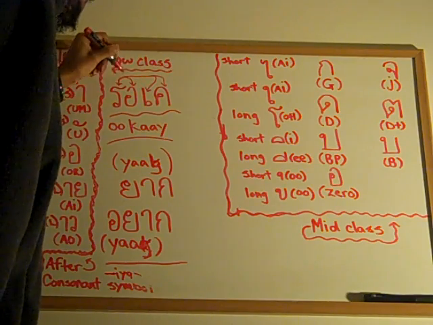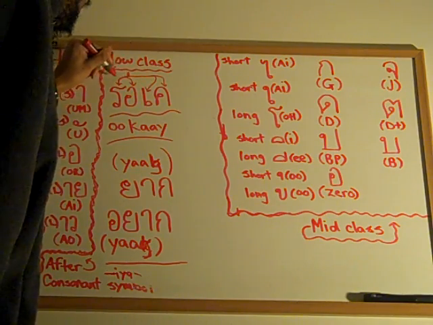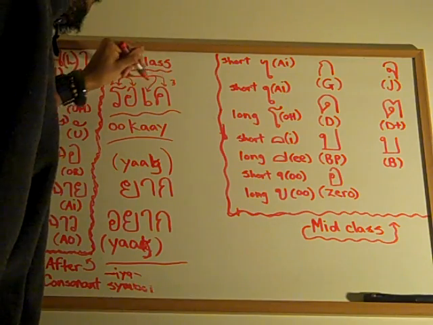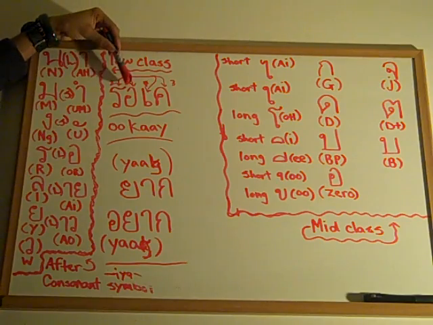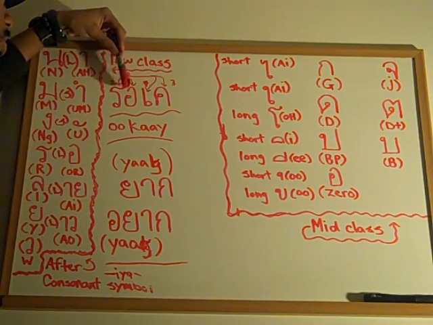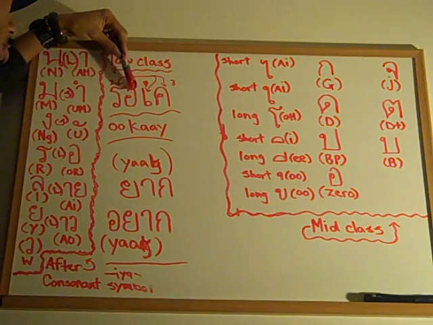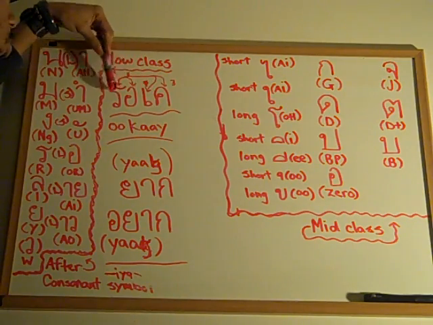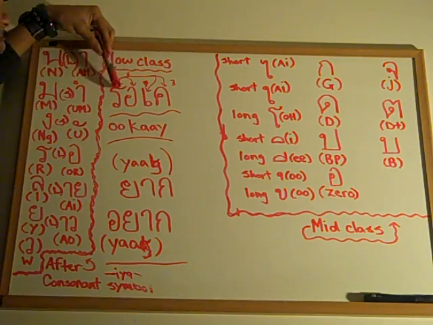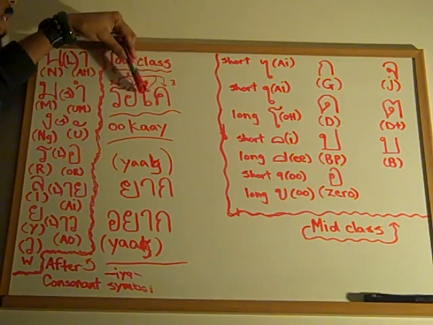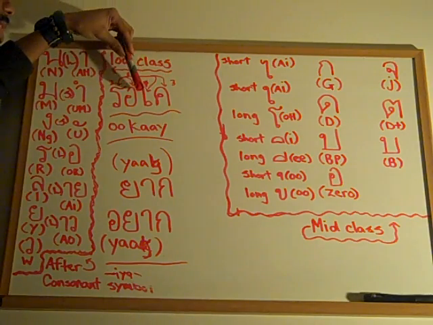So you have 1, 2, 3, 4. You start here, which is an O, long O. So "okay" means okay. So it's O, and then this here is a K, and then this here we don't have up here yet, but this is like an A sound.